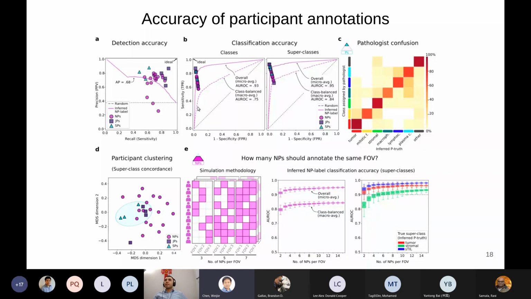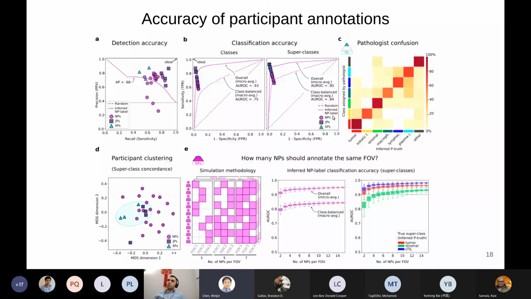Yes, sure. Sorry, I glossed over it. So the truth is our inferred truth from the pathologists, right? Okay. And what's being compared here is, first of all, everyone individually. These are scattered.